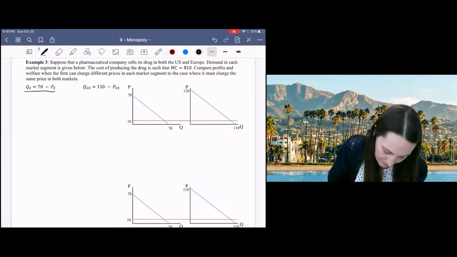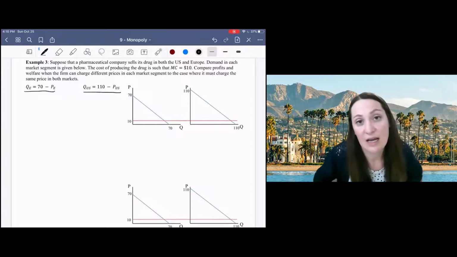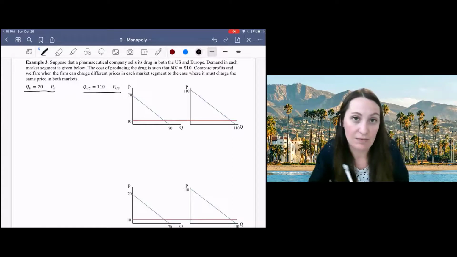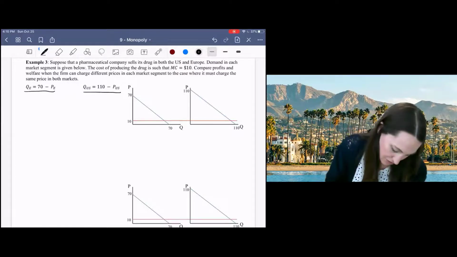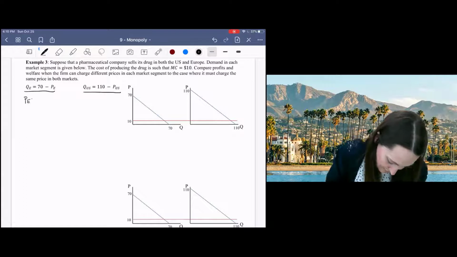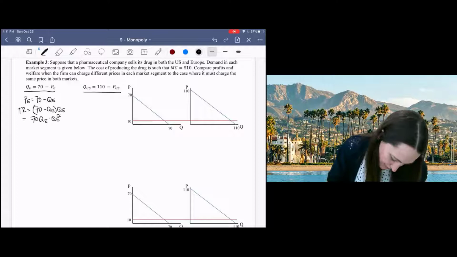Notice that we've written here the demand curves, and in order to calculate marginal revenue, we would need to rearrange them to be inverse demand curves. In this case, it's pretty easy to do, right? I've got this, and then total revenue is 70 minus Q times Q. So I got 70Q minus Q squared. So marginal revenue is 70 minus 2QE.